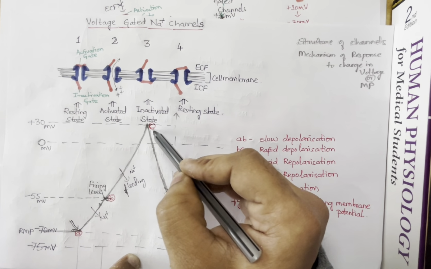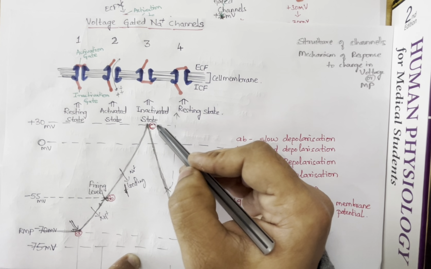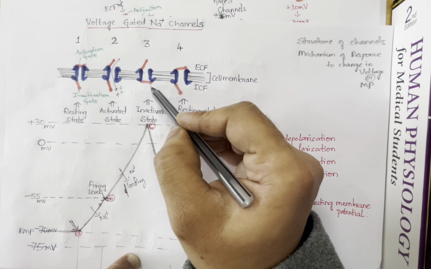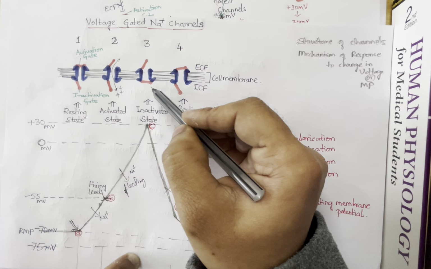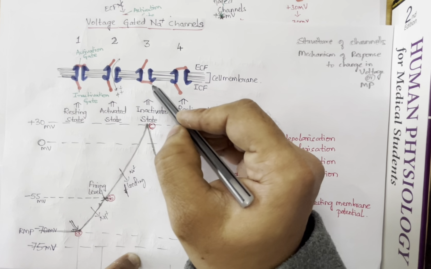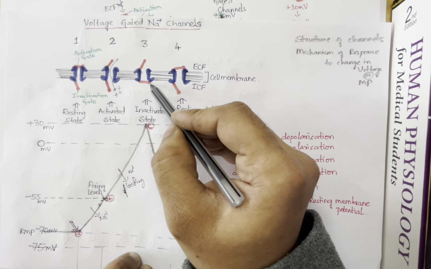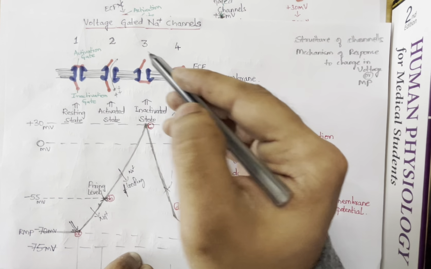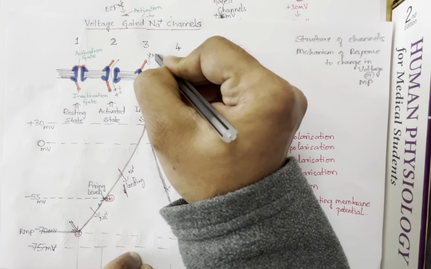By the time of C, that is plus 30 millivolt, the voltage gated sodium ion channels go into the inactivation state, or inactive state. In this inactive state, the inside gate is closed, so there is no further influx of sodium ions.